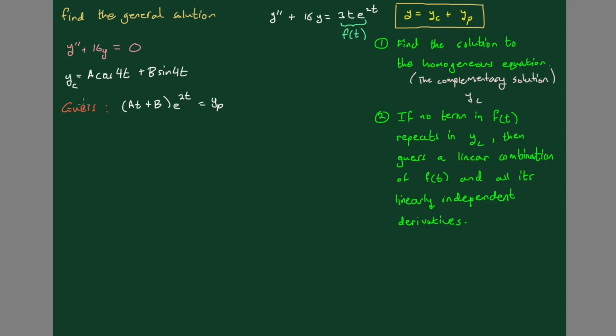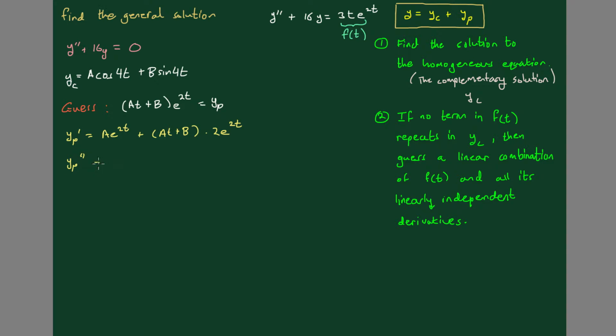And that means that our guess is going to be of the form at plus b, multiplied by e to the power of 2t. So this is our guess for our particular solution. So our first derivative yp prime is going to be a e to the power 2t plus at plus b times 2 e to the power 2t.